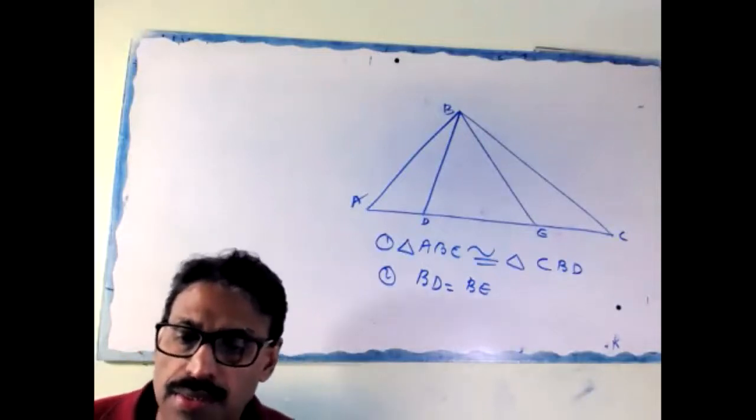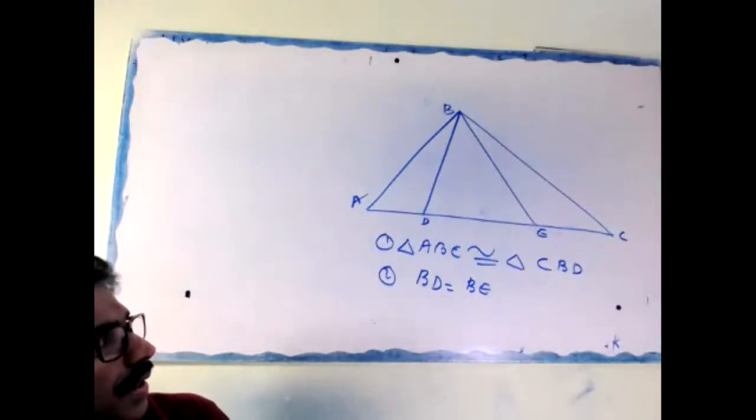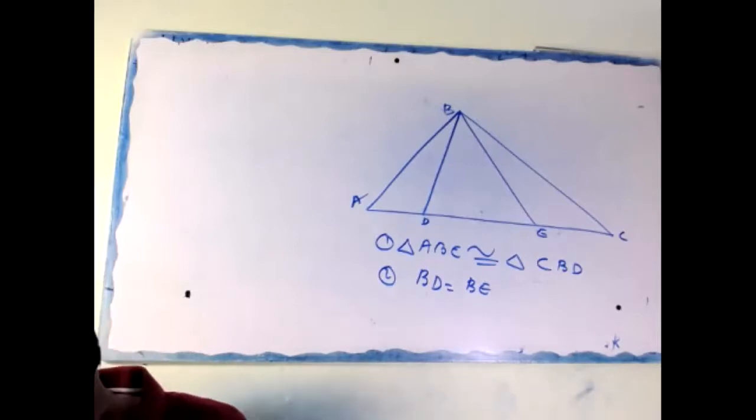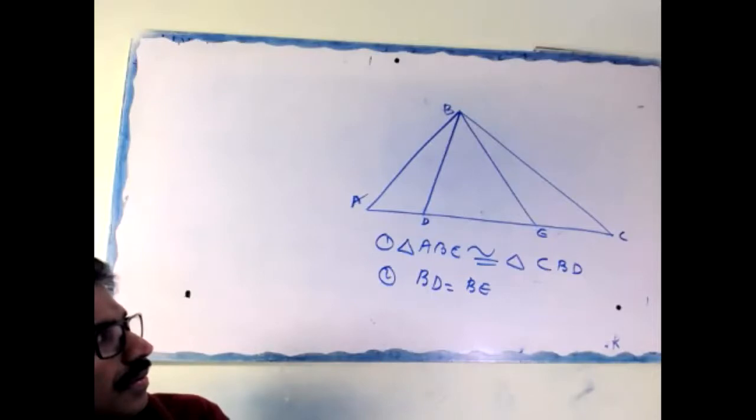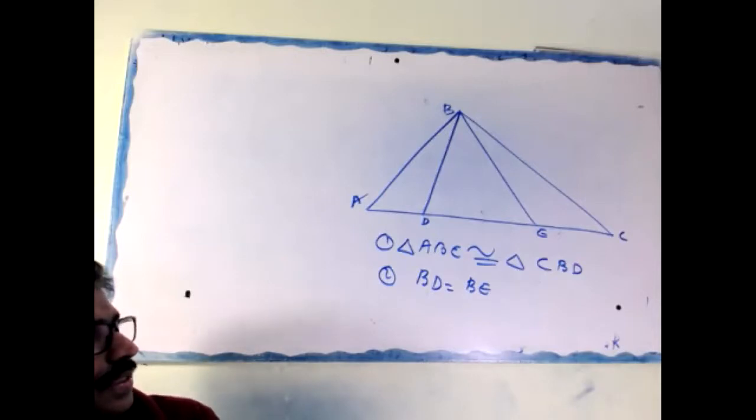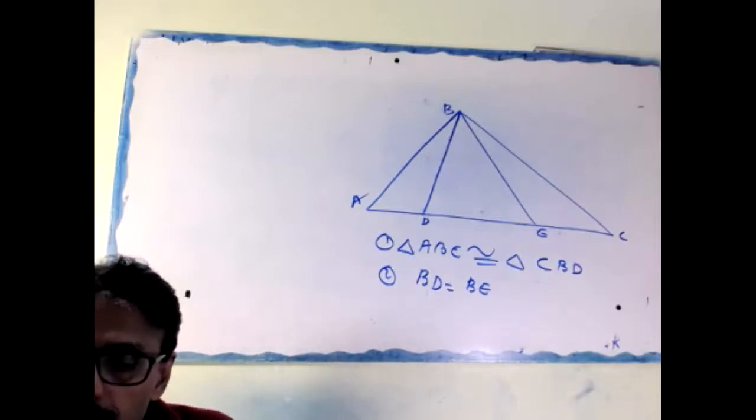Okay, question. Given is what? AB equal to BC.